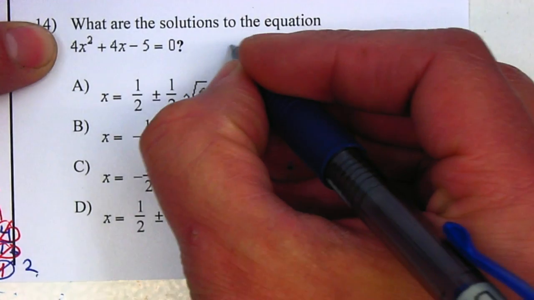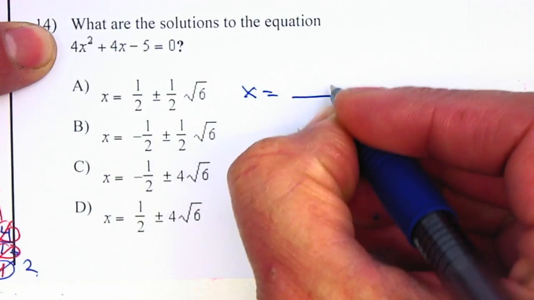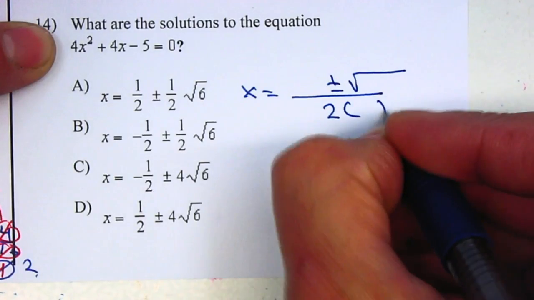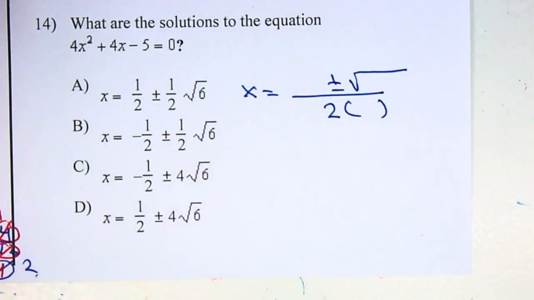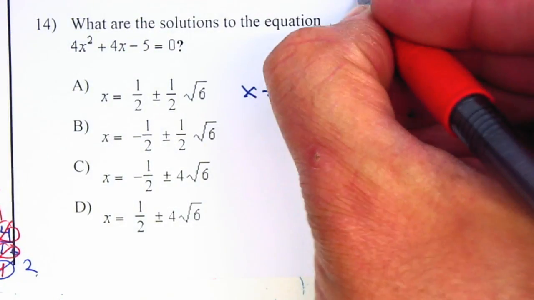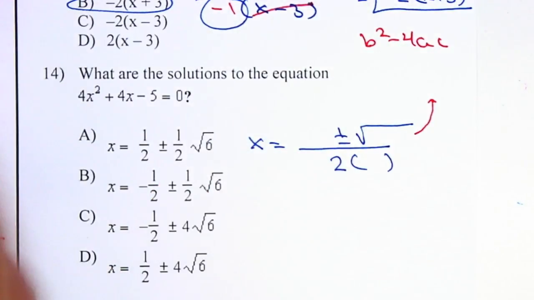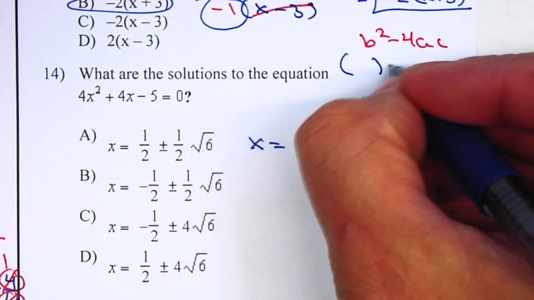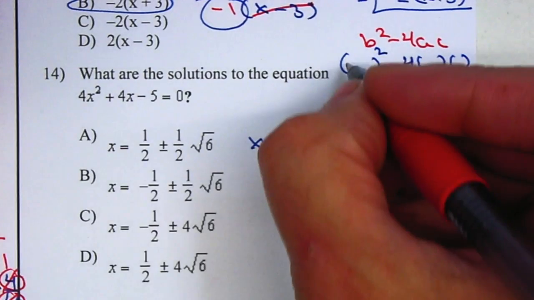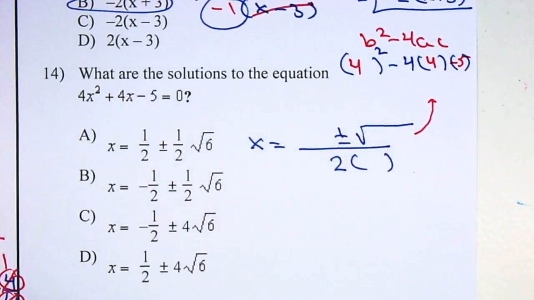So we have x equals opposite b, or negative b, plus or minus the square root of b squared minus 4ac, all over 2a. I'm not going to use the discriminant separately, which is b squared minus 4ac. I'll just plug in the numbers that they give you. b will be 4, a will be 4, and c will be negative 5.